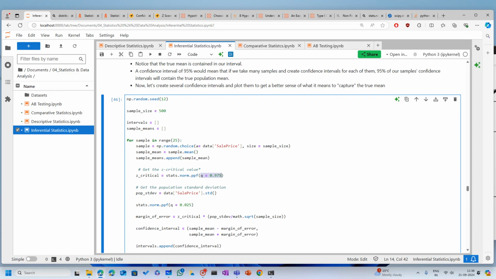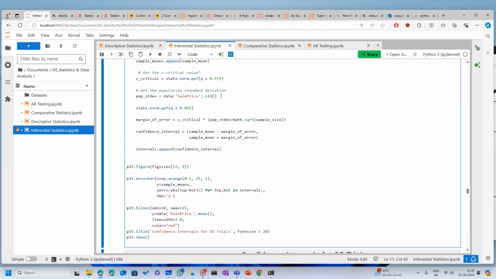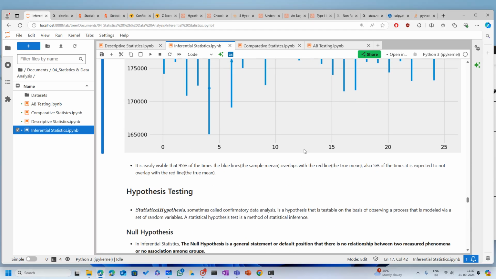So we are passing that percentage of the confidence interval as the quartile value, and this is the upper limit of that range, and the lower end of that range is the one fourth quartile. It is 0.025. 1 minus 0.975 will give you this value. Okay, got it. Thanks. 1 minus this value will give you this. So this is how they have calculated the confidence interval for 25 different trials.